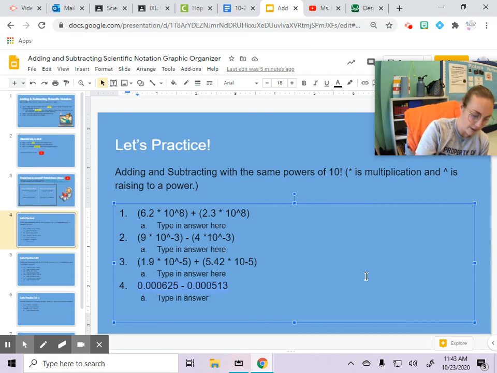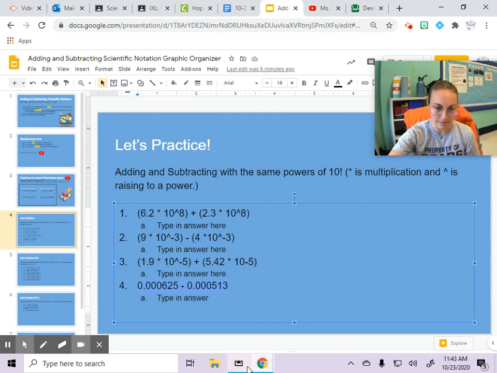So I have 0.000625, then I have 0.000513. Again, there's multiple ways you can do this. You can either turn them both into scientific notation and then subtract them, and then you're done. Or you can subtract them in this form and then turn the answer back into scientific notation.